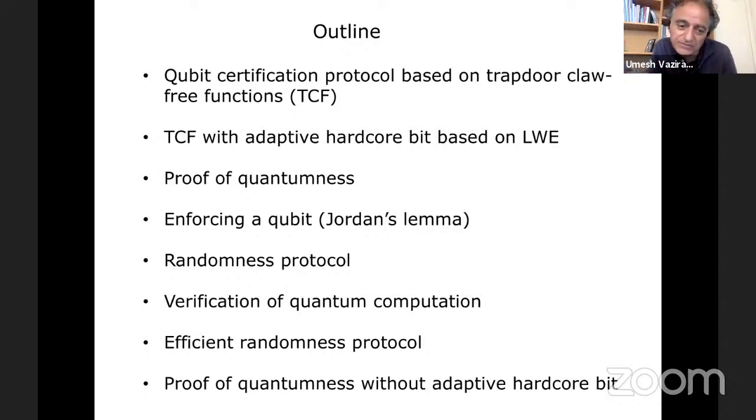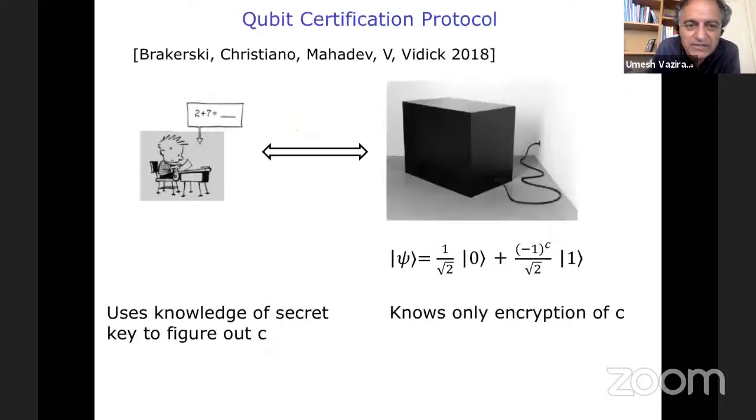So this leads to the randomness protocol, and then what I'll do is I'll go quickly through the verification of quantum computation, and then efficiency considerations in these protocols: how to do efficient randomness certification, and how to give a proof of quantumness without the adaptive hardcore bits. So these are things that I'll just touch upon lightly.